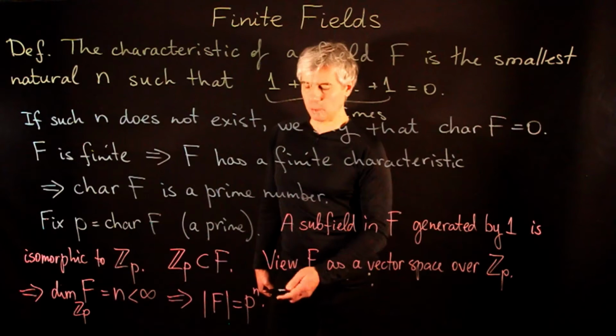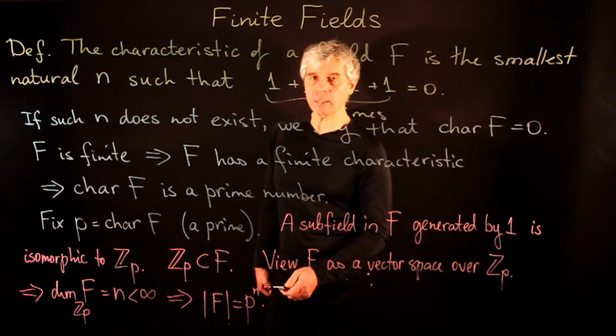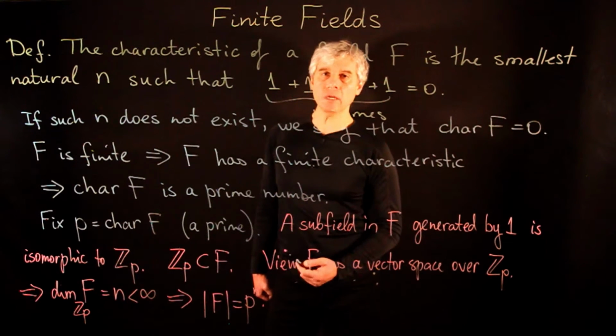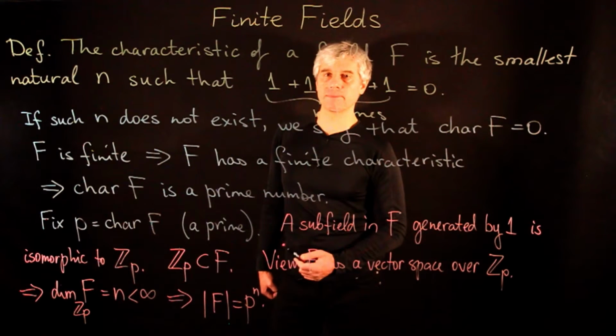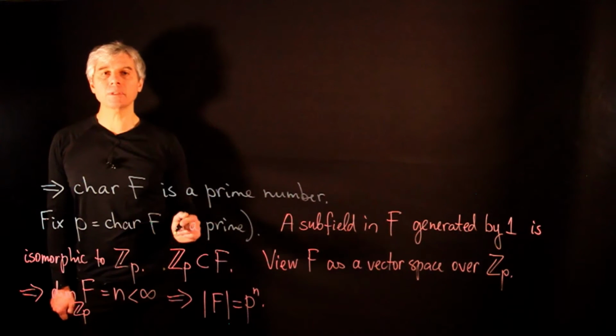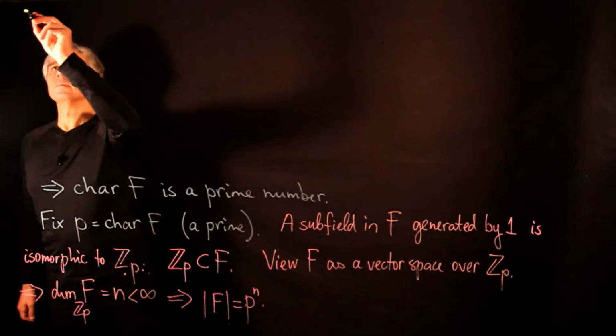And in fact, for each prime p and for each n, there exists essentially a unique finite field of this size. Let us construct a finite field with p to the power n elements.